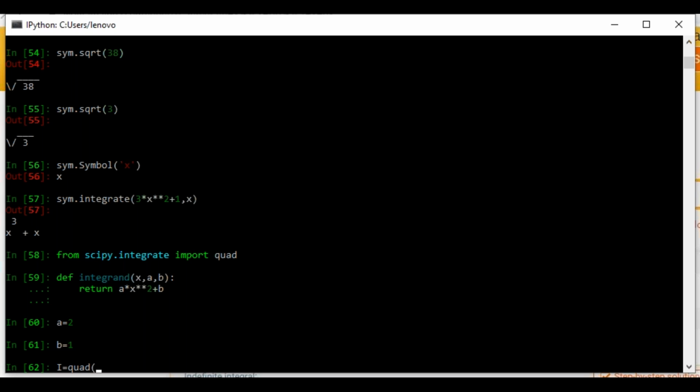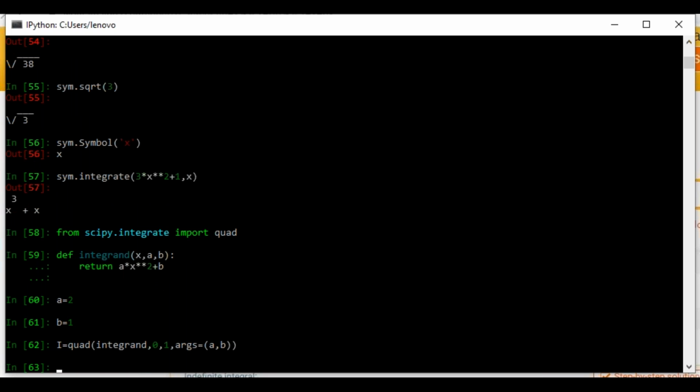We have already imported the function quad, then in brackets integrand, the function name we have defined, comma, the limits 0 comma 1, then the arguments, args equal to (a, b). Then we can find the value of I.